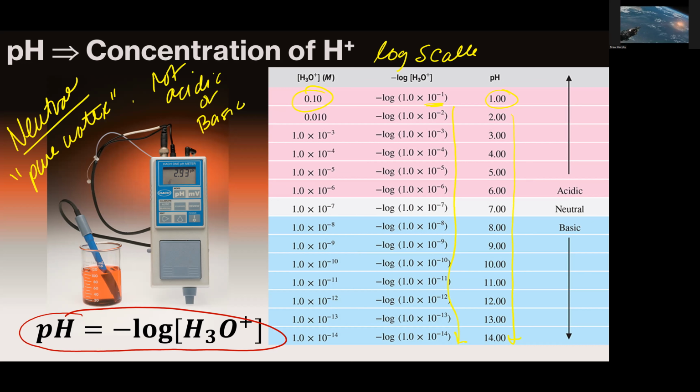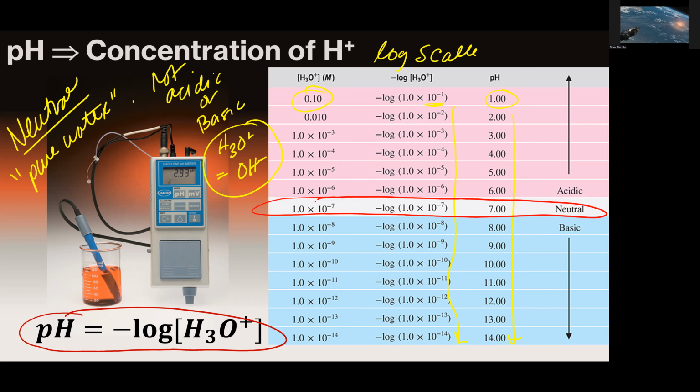In Gen Chem 2, I'll teach you that this means the H3O plus concentration is equal to the OH minus concentration in solution. A neutral solution has a pH of 7, because the H3O plus is 1.0 times 10 to the minus 7.